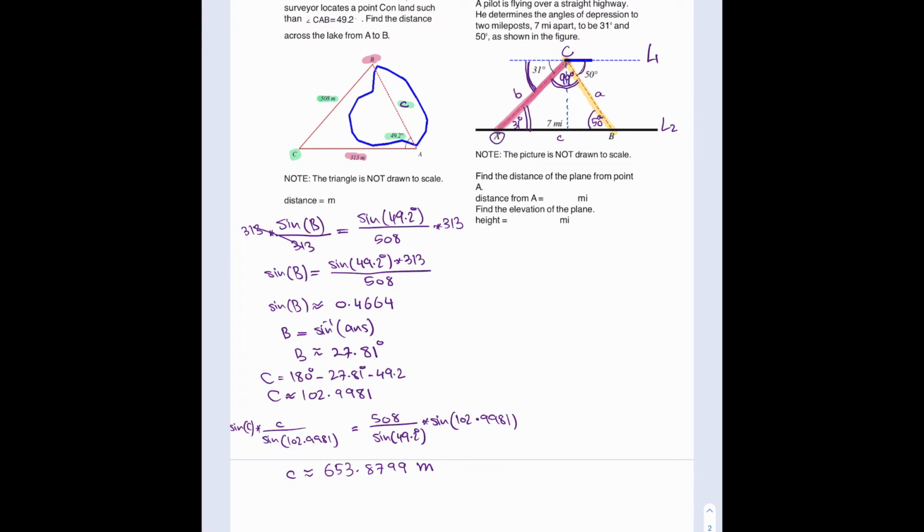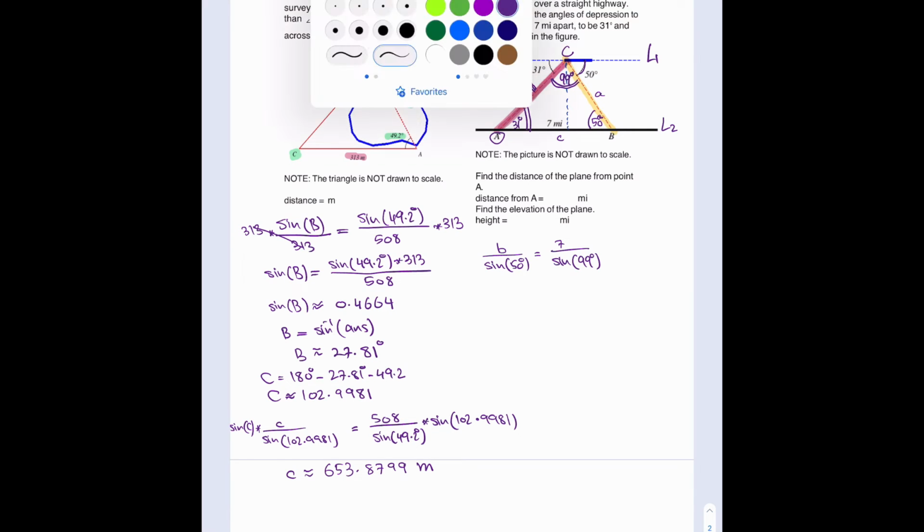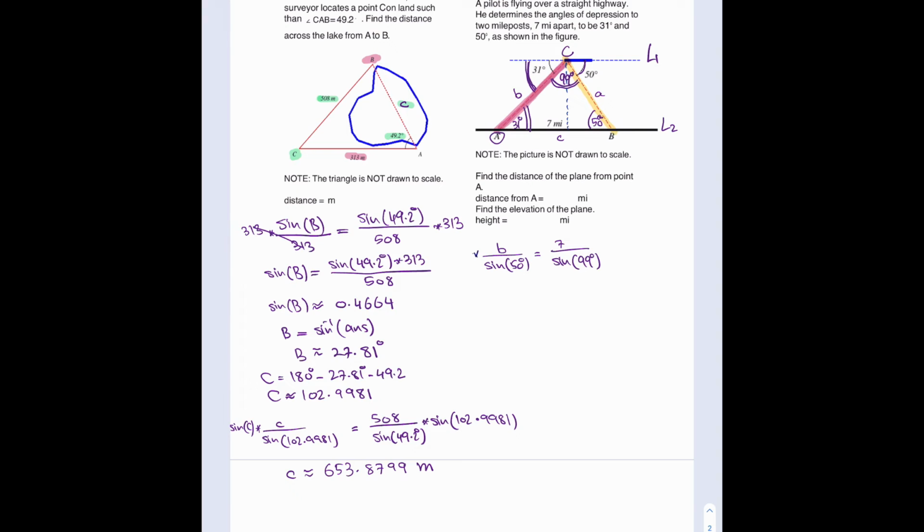So now I can say that B over sine the opposite of B, which is 50 degrees, is equal to C, which is 7, over sine of 99 degrees. I'm going to multiply both sides by sine 50.